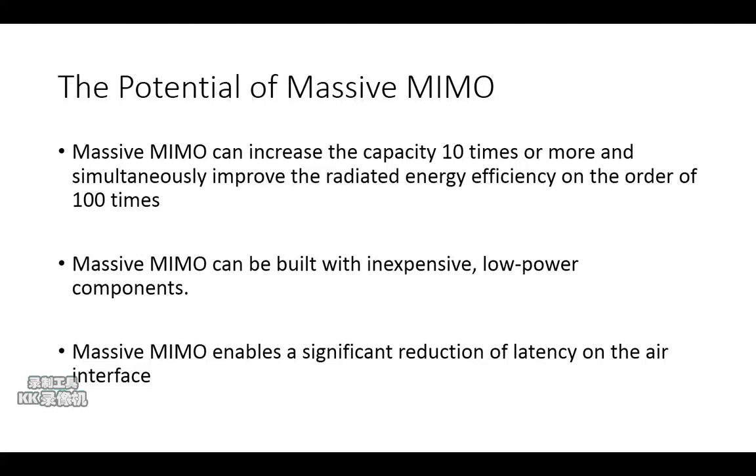This happens when the signal sent from a base station travels through multiple paths before it reaches the terminal, and the waves resulting from these multiple paths interfere destructively. It is this fading that makes it hard to build low-latency wireless links.